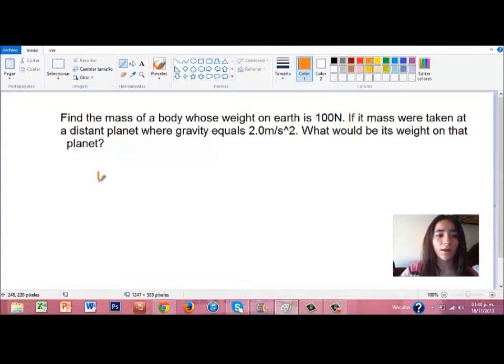We have 100 newtons equals 9.8, that means gravity, times mass. So the result is 10.2 kilograms. That means it is a mass.